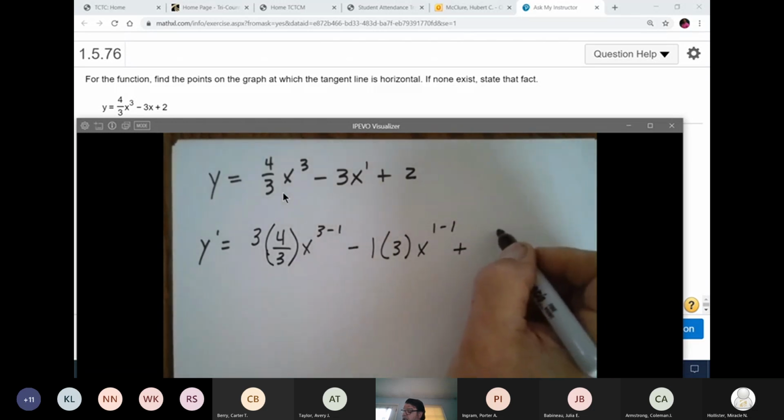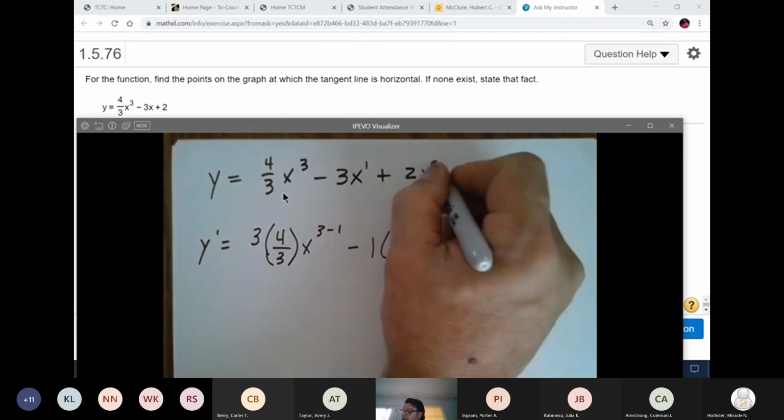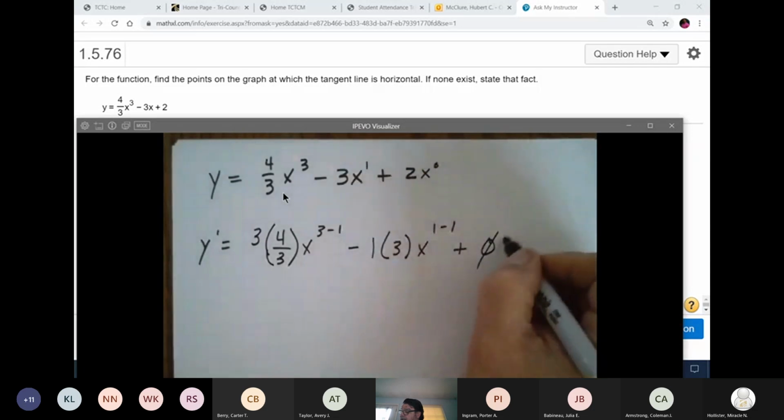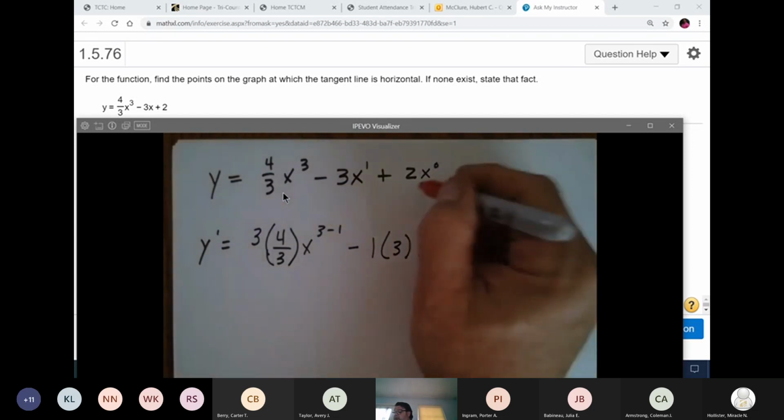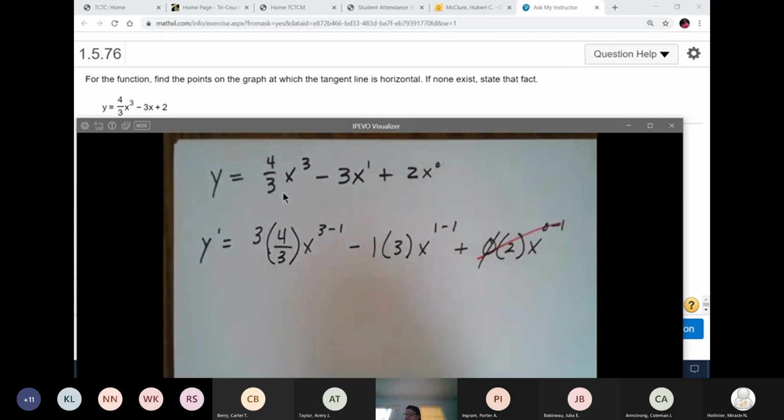And that 0, this is x to the 0, that 0 comes out front. And of course, that last one goes out because it's a constant, and that's just what happens. That goes out as far as the derivative.